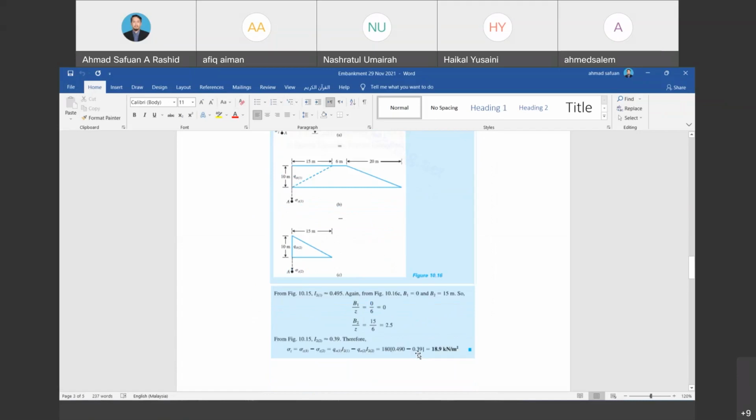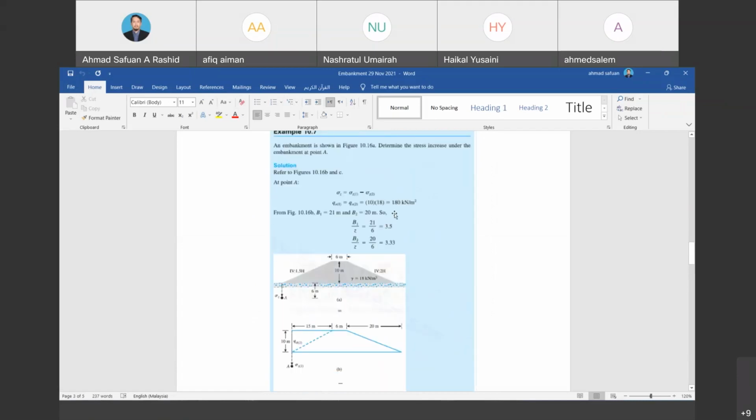Then 180 is the Q value, where the maximum height, 10, times the 18. 18 is the unit weight of the soil.